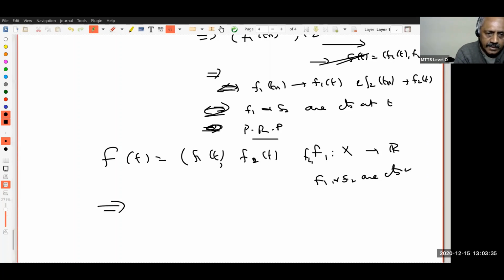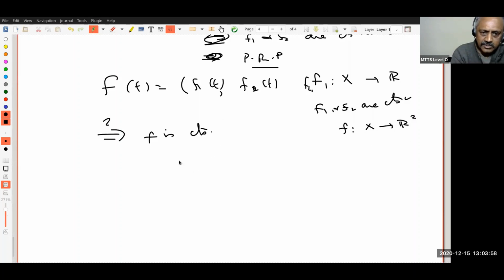So I want to know whether f is continuous. Do you understand that? So I can cook up a function f from X to R2. Okay, how do I cook up? Start with continuous functions f1 and f2 from X to R. Define f of t equal to f1 of t, f2 of t. I am going to prove that f is continuous, but it's utterly trivial.